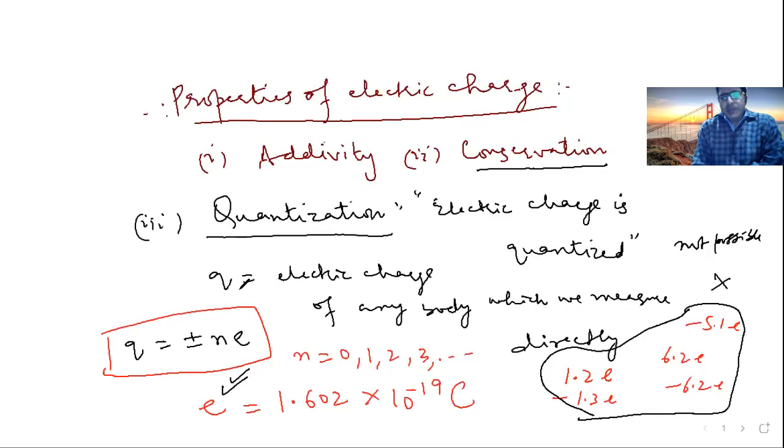But remember, whenever we say something is quantized in physics, that means the quantity has a certain minimum value possible, and all higher values are integral multiples of that, and the smallest possible value is called the quantum of that physical quantity. Here E is the quantum of electric charge, right?